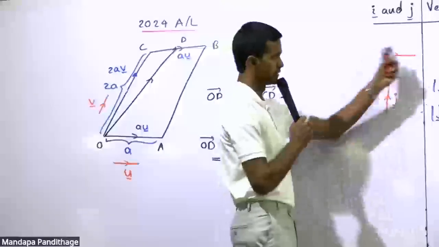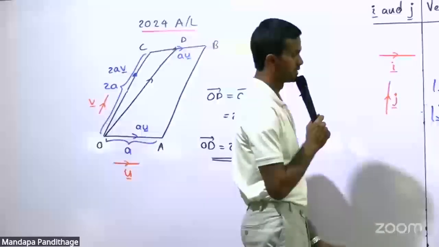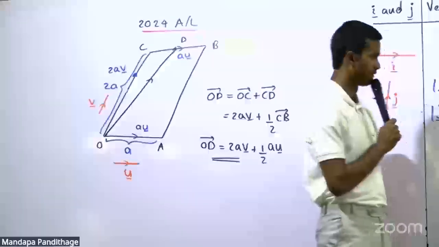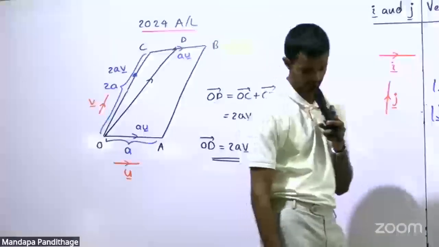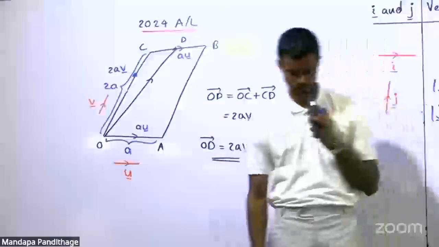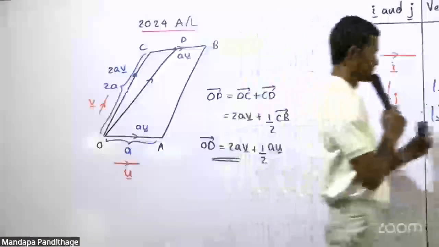Then show these two vectors, and modulus I and modulus j are both equal to 1. Okay, so why is this important?